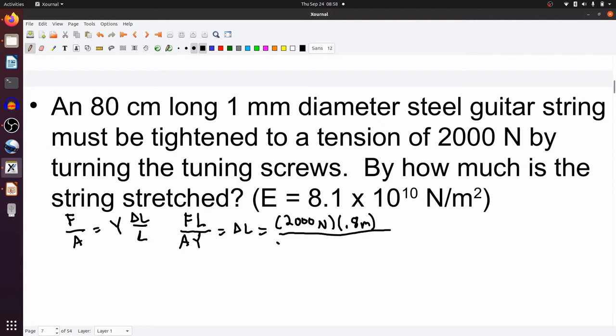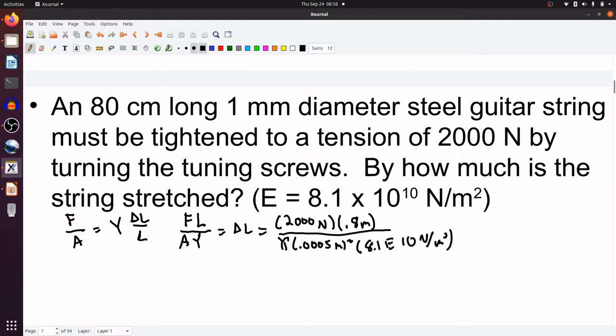Pi, and I gave you the diameter, so I need the radius. So 1 millimeter, half of that's going to be half a millimeter, so that'd be 0.0005. And I forgot my units. And then the modulus. So 8.1 e to the 10th newtons per meter squared.